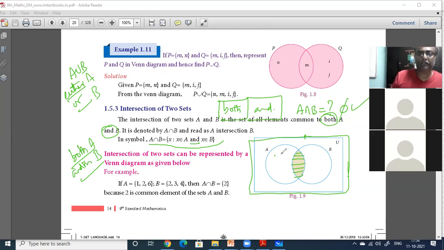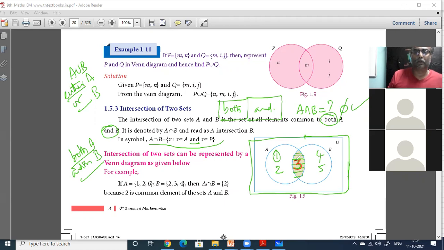So which is the one where the element is in both A and B? X should belong to A as well as B. In this Venn diagram, which element is belonging to both A and B?